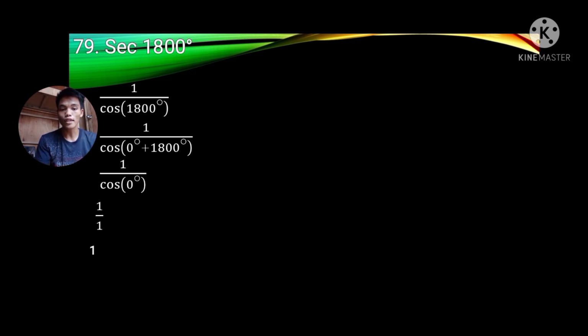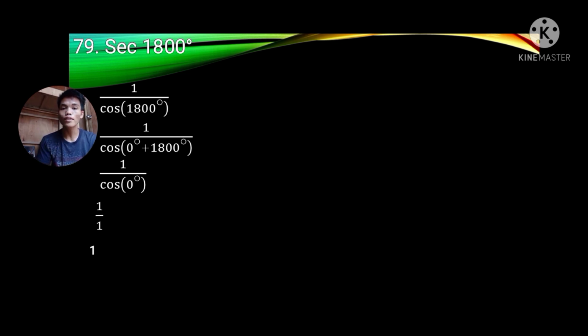The next step is we're going to rewrite the angle as a sum or difference using the period of sine or cosine function, in which the result is 1 over cosine of 0 degrees plus 1800 degrees. And the next step is we are going to simplify the expression using the period of the trigonometric function.